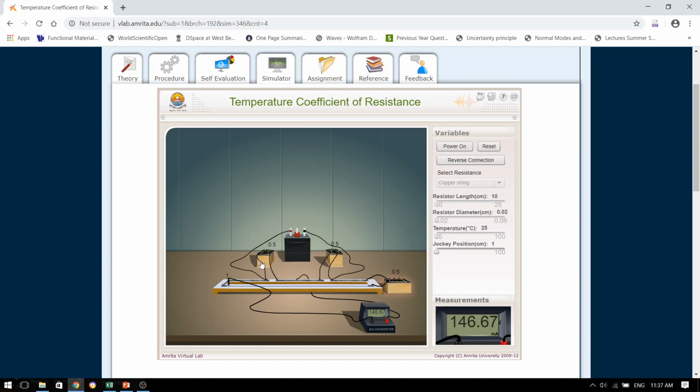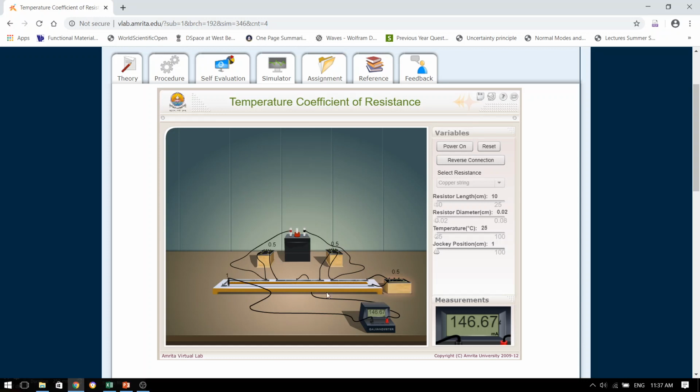The moment I have put all these things, you can see that the galvanometer is showing me some current. In this case, this is not an analog galvanometer. This is actually a digital galvanometer and it is showing me some value. But what do I need? I need a zero deflection for balancing the bridge.